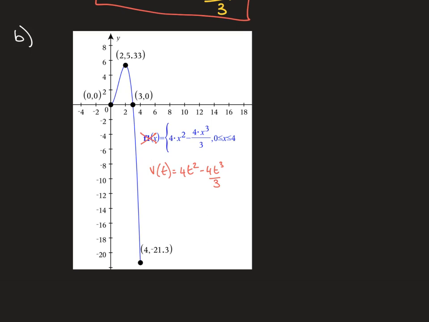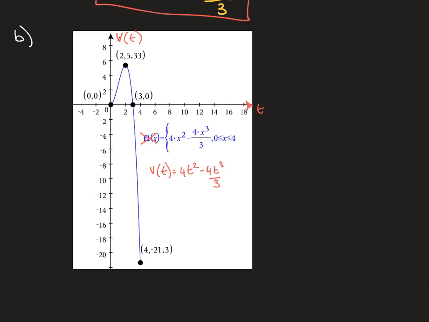So this axis here would be t, and this axis here would be v of t. There are marks awarded in the exam for making sure that you've got your coordinates written as coordinate points with the brackets if they ask, and a comma in between, and that you're using the correct variables. So make sure you watch out for that. You saw how simple it was. I just did it right then.